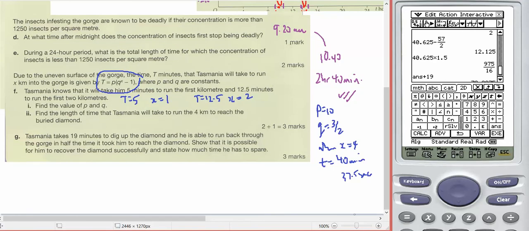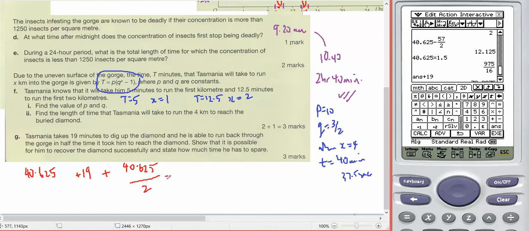Okay, in part G, Tasmania takes 19 minutes to dig up the diamond, so that's 19 minutes. It takes him 40.625 to run in, and to run out it's going to be half that time, 40.625 divided by 2.